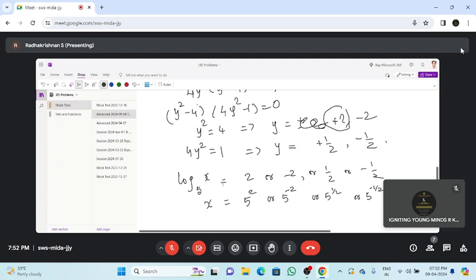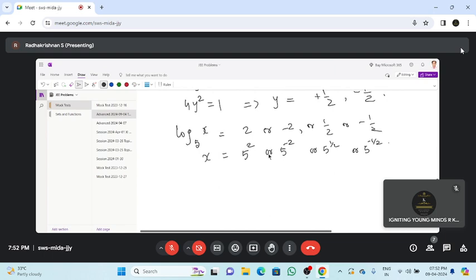Very good, Darshan. So the product of roots equals 5 power 2 into 5 power minus 2 and so on. The exponents 2 minus 2, 0, half minus half, 0, add up to 0. So that is the answer. 1 is the answer.